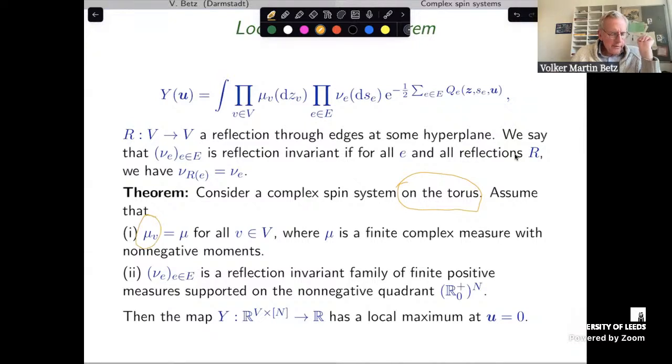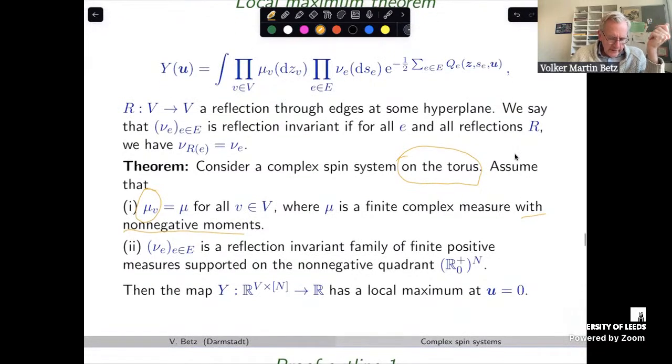In all the examples we had, they are the same. It has non-negative moments, which we always had, and nu is a reflection invariant family of positive measures.